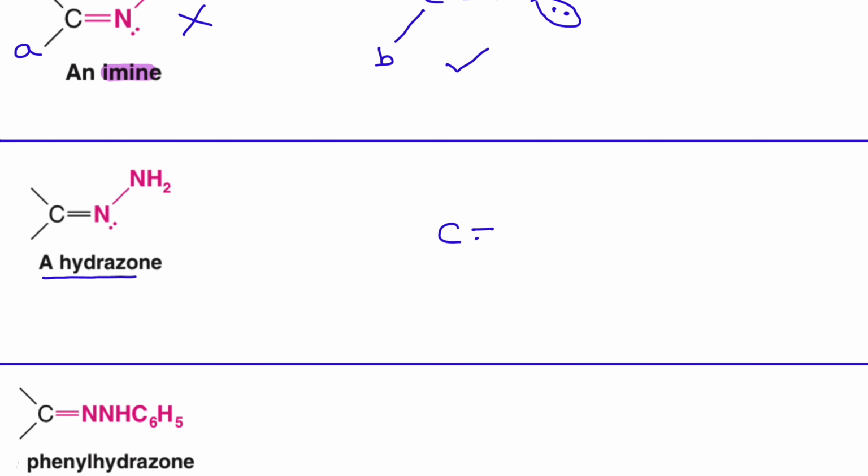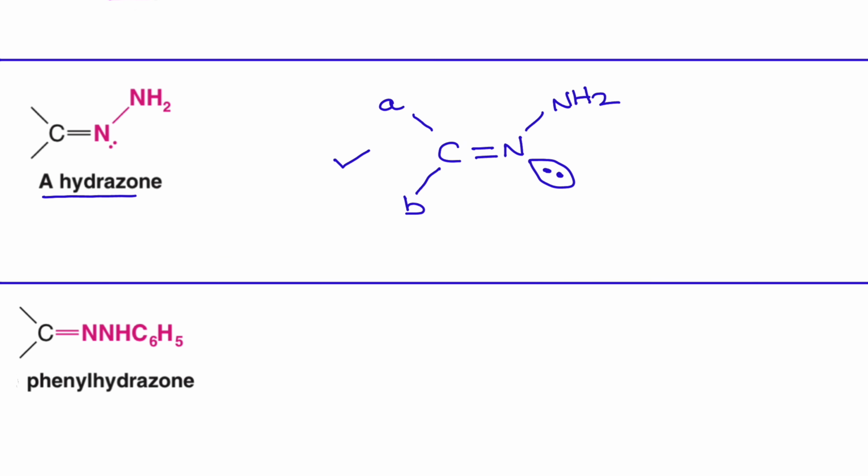In case of hydrazone, there is a carbon nitrogen double bond, and this is attached to an NH2 group. This is the lone pair. And here if carbon has two different groups like A and B, then geometrical isomerism is possible. You can use EZ nomenclature.